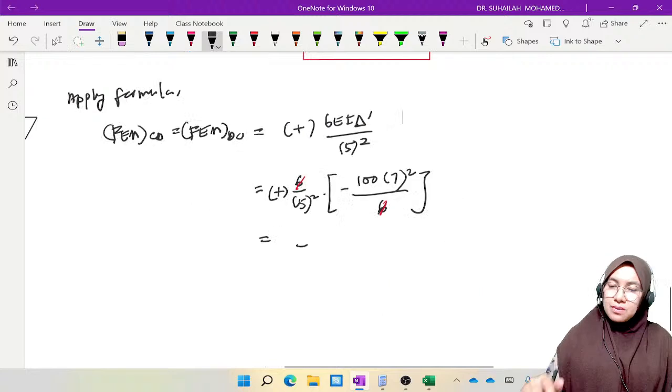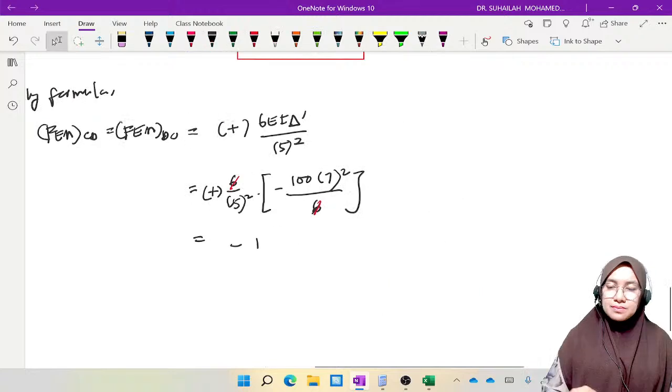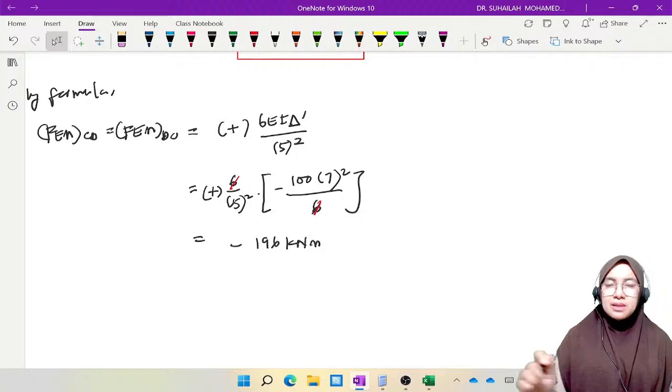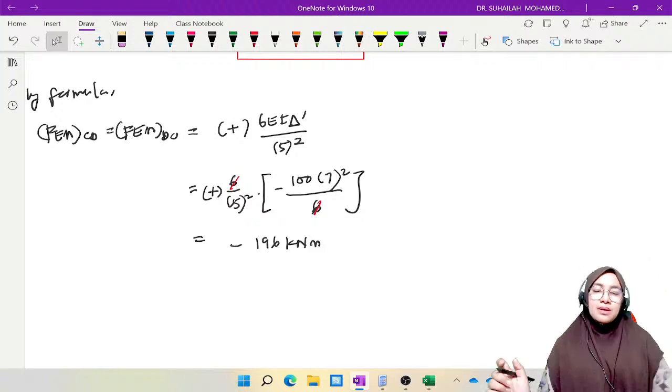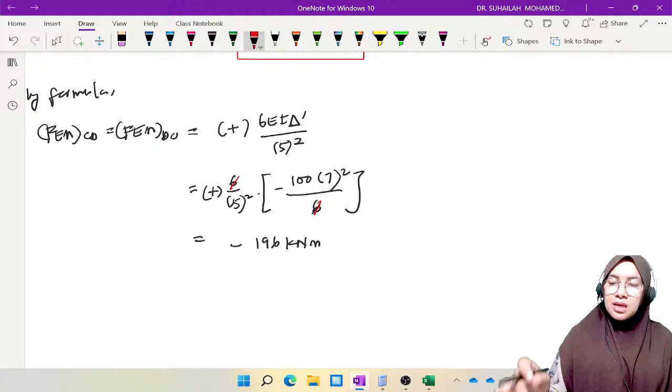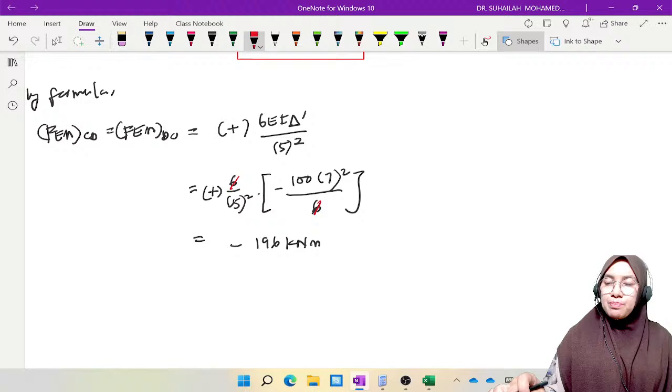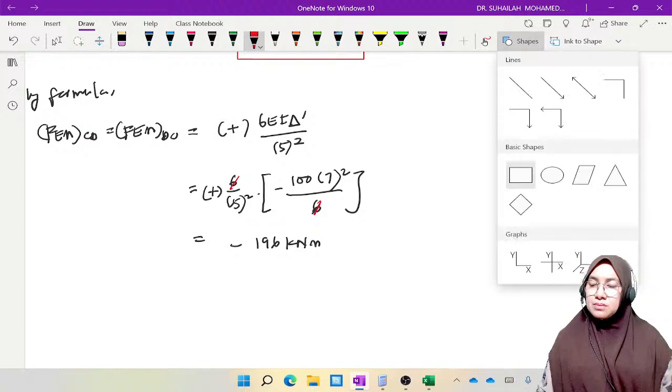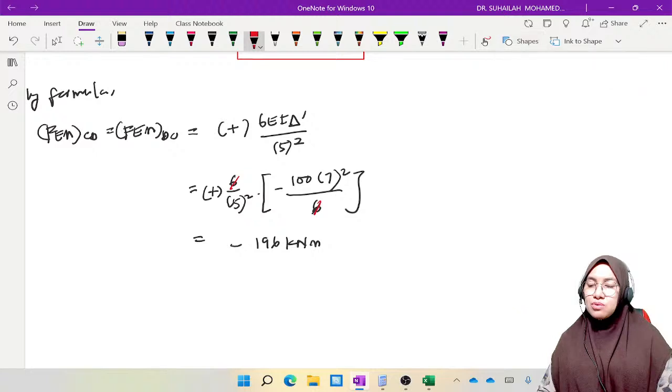Negative 196 kilonewton meter is the value that we will put into the table.